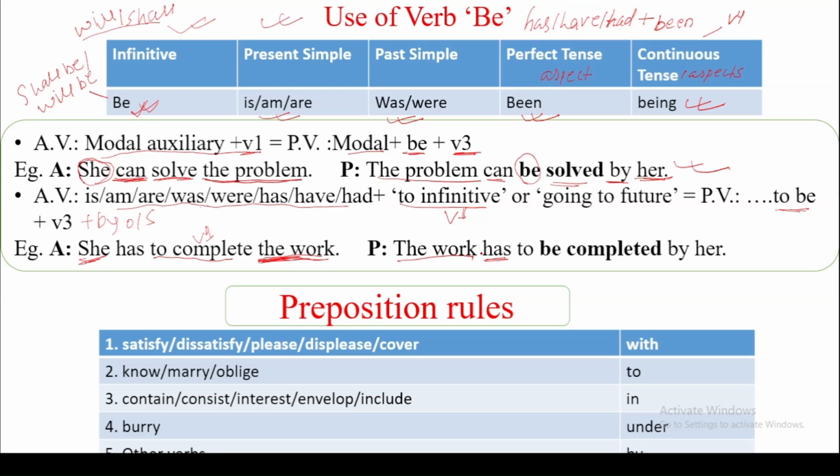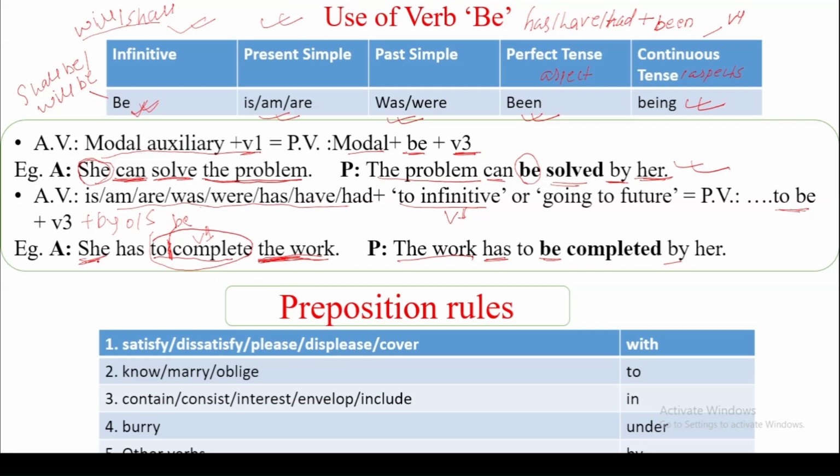So before V3 we add be, between to plus infinitive. Here we add be, and by, then we change subject into object.